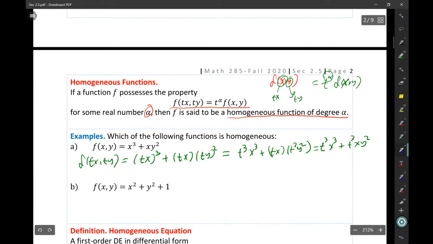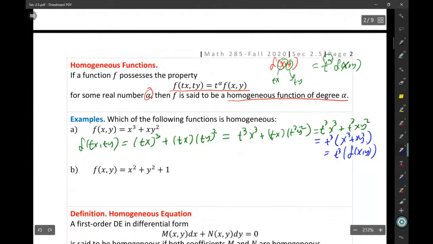Now you can take t to the power 3 as a common factor, becomes x cube plus xy square, which is t to the power 3 times the function f of xy.